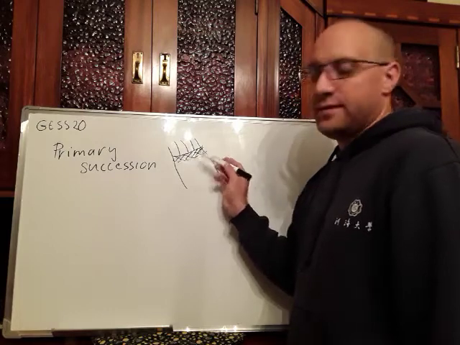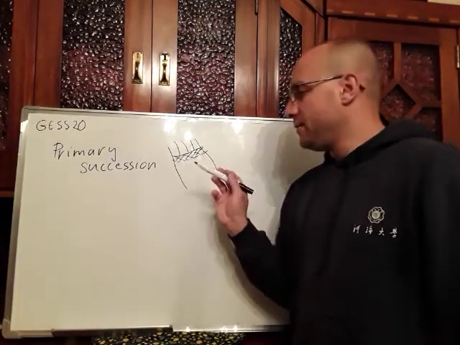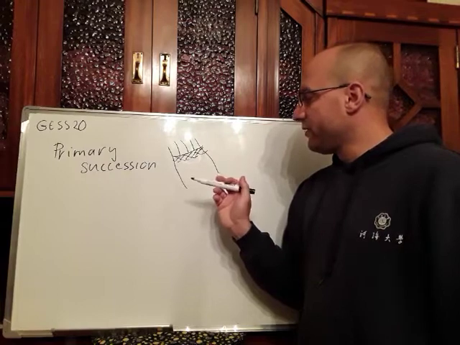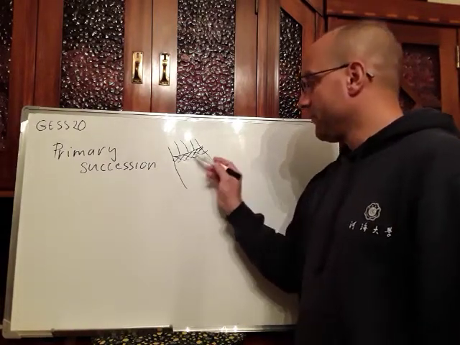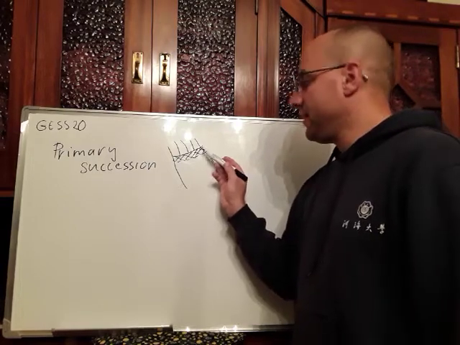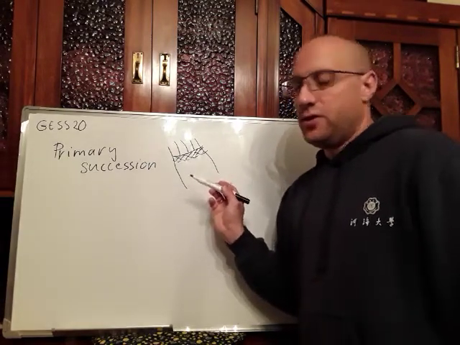So in this case, the till material will be the basis of soil development, and that will be the surface where different plant species in the first place could develop.